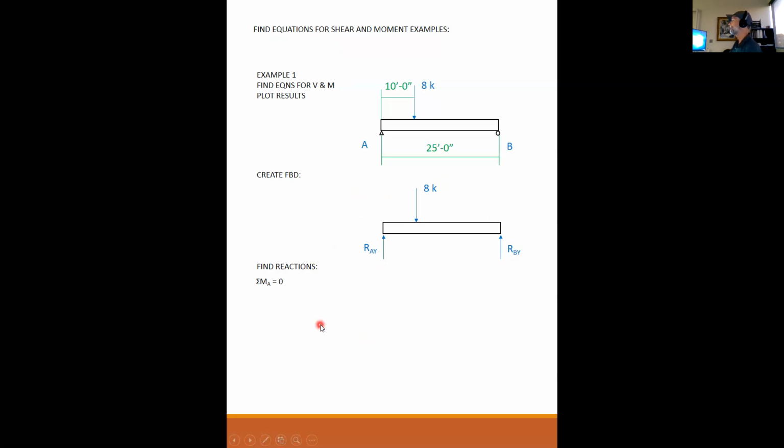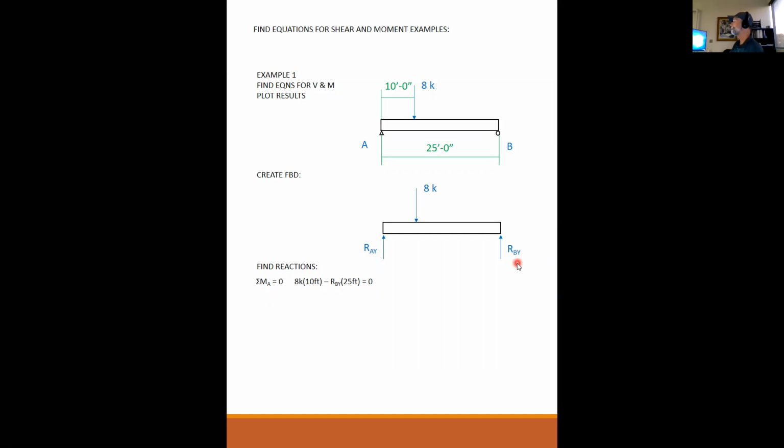So to find our reactions, we're going to sum our moments about point A equal to 0. So I have 8 kips times a moment arm of 10 feet, which is trying to turn the body in a clockwise direction. So I consider that to be positive.